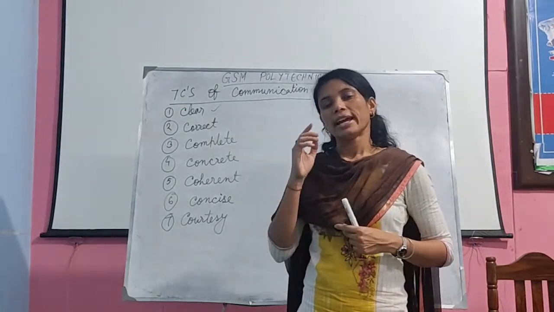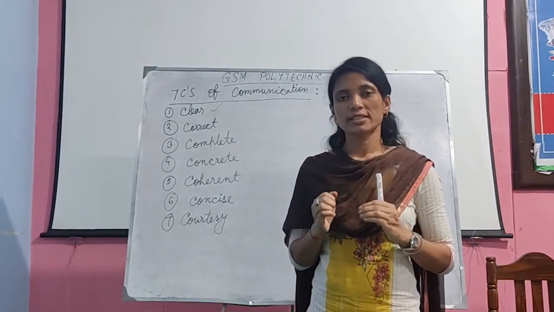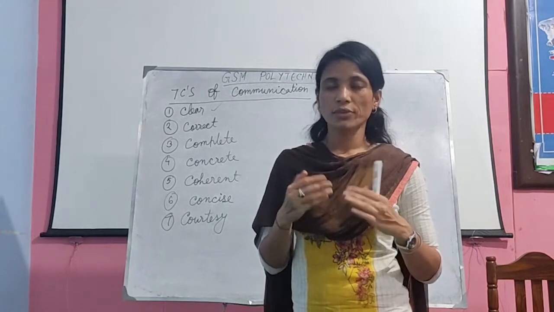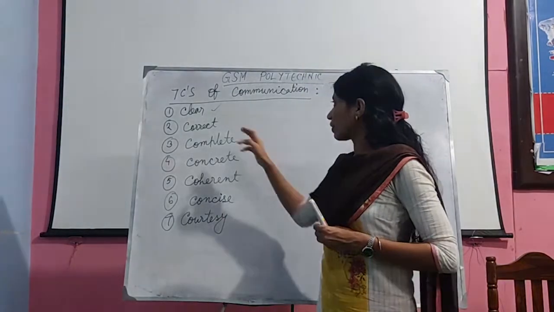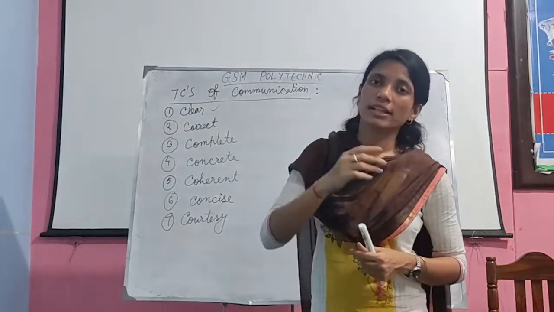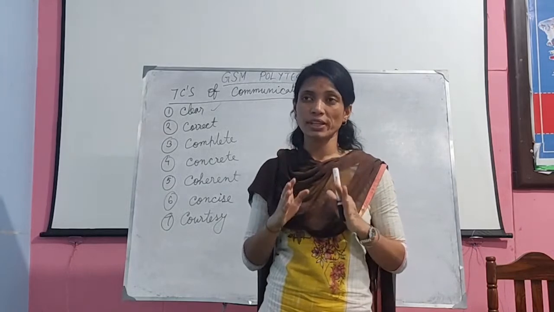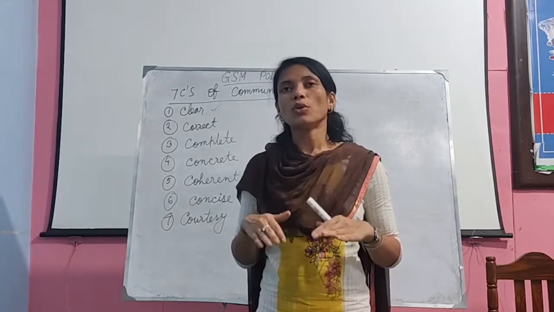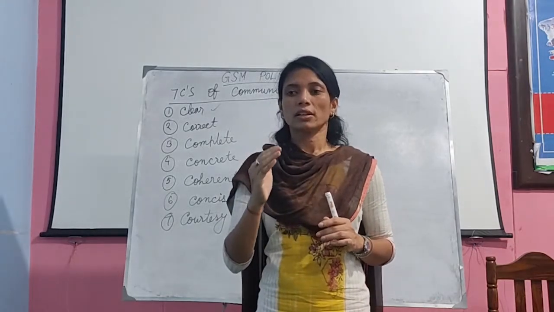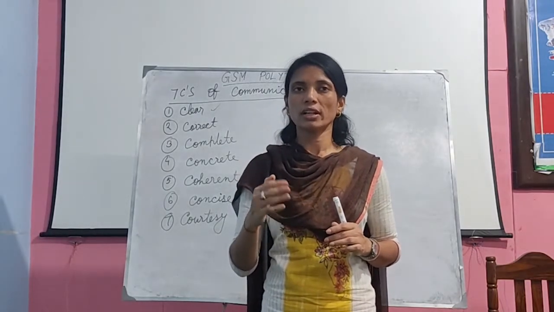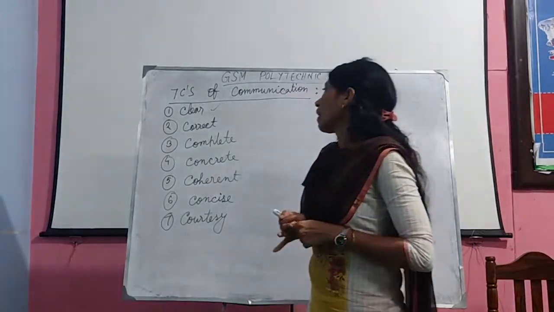Then it will always be easy for the receiver to give you feedback. So the total sentence, or maybe even a single word, should be meaningful, so that no cross questions come up a little while later, and instantly you will get the feedback, right?